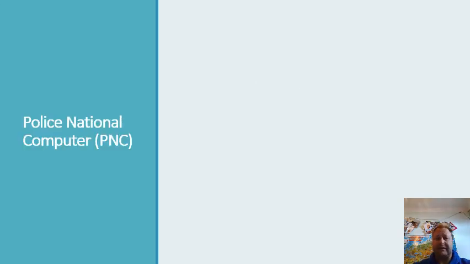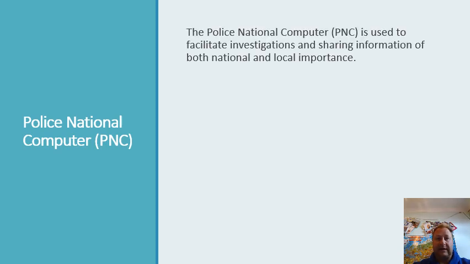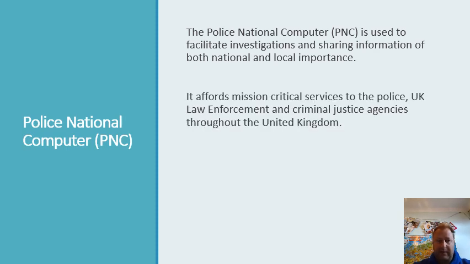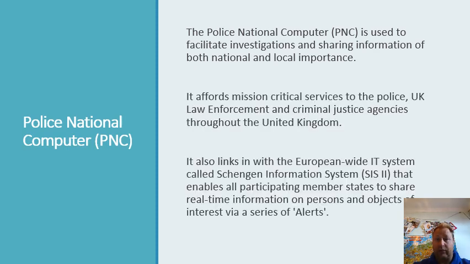The first one, the Police National Computer, the PNC, is used around the country for sharing information between different police forces and law enforcement agencies, and it also links to a Europe-wide IT system called the Schengen Information System. So we can put alerts out for people: this person, we need this person.